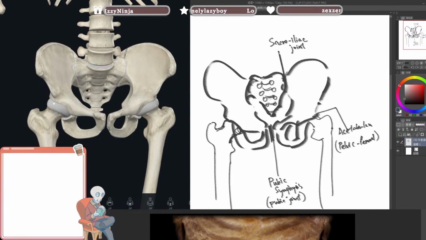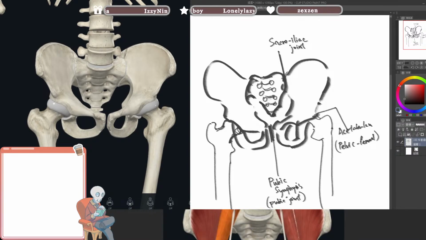That was the psoas major, wasn't it? Yes. Origin: transverse process and lateral body of T12, L1 to 5 and adjacent vertebral discs. Insertion is the lesser trochanter of the femur.